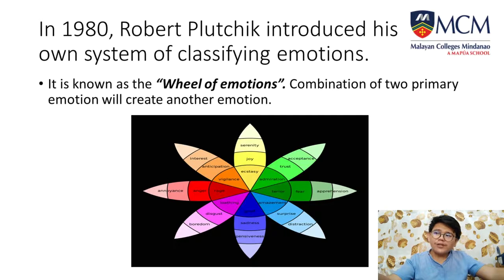So that is where the wheel of emotions comes in, no? And the combination of 2 primary emotions will be another emotion. As you can see, you can look at the wheel of emotions here in our slide. You may review it.